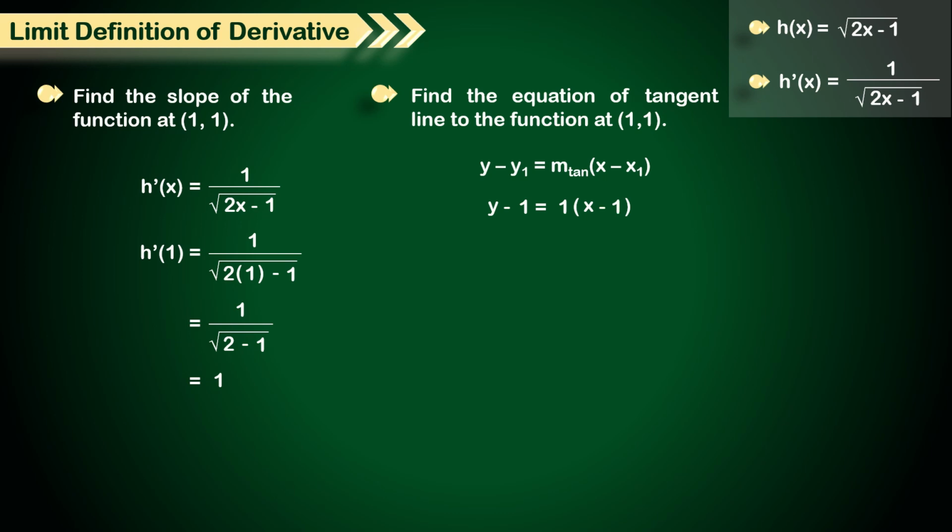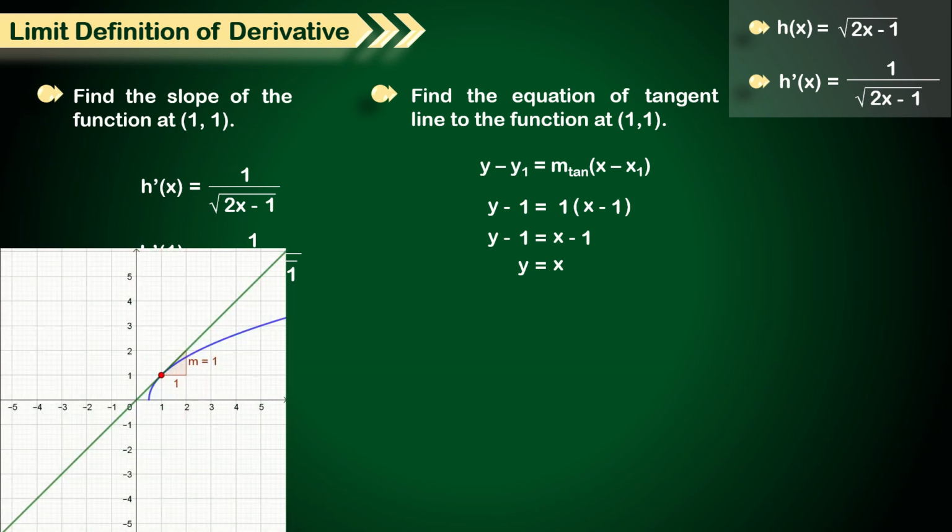Simplify. y minus 1 is equal to x minus 1. Add 1 to both sides of the equation. Then, the tangent line to the function at exactly (1, 1) is y is equal to x. The graph shows the tangent line at (1, 1), and its equation is y is equal to x.